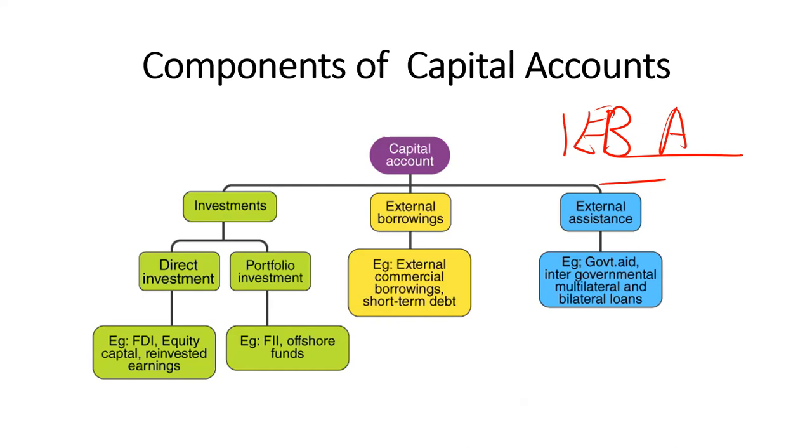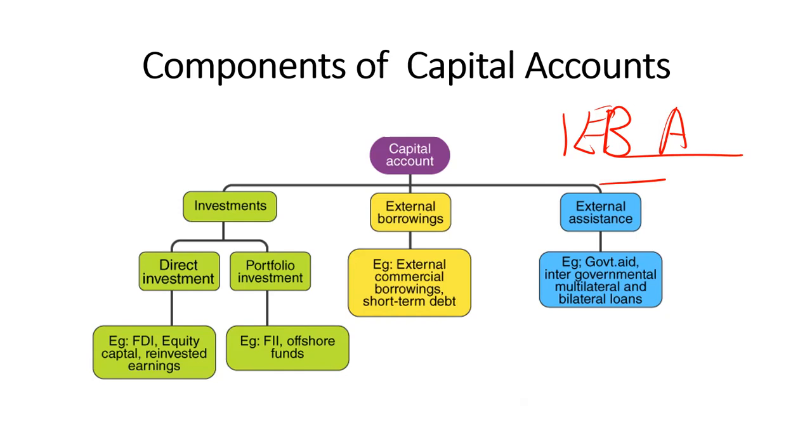Then the capital account will cover external borrowings, like external commercial borrowings and short-term debt, and external assistance. External assistance will cover government aid, intergovernmental, multilateral and bilateral loans. So remember IEBA: investment, external borrowings and external assistance.